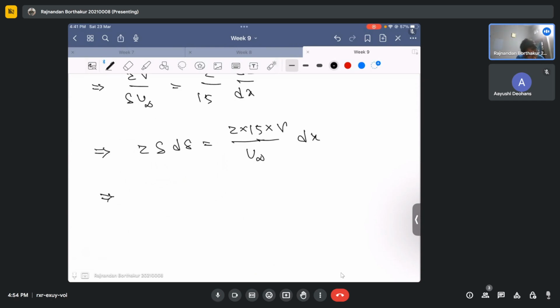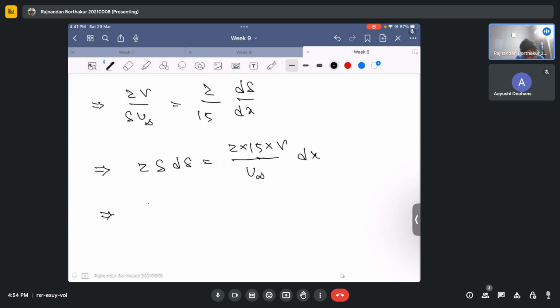You can write the term on the left hand side as d of delta squared. Exactly. And this becomes 30 nu by u infinity dx. Now this is integrable because this is also a differential. This 30 nu by u infinity is a constant, and this is also a differential, which means you can now integrate this.